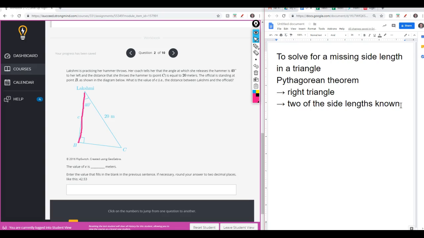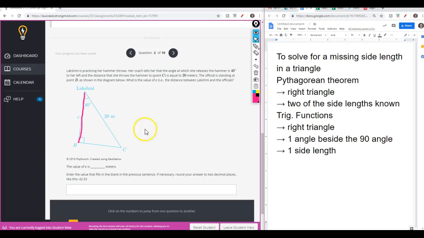They introduced you in this lesson to the trig functions or trigonometric functions. They require a right triangle and one angle besides the 90-degree angle and one side length.